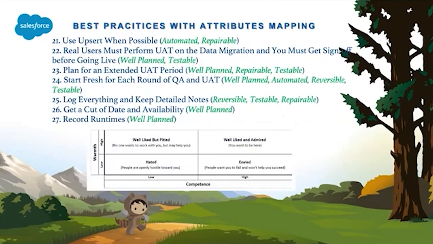Practice number 22, try with real-time users while performing the UAT of data migration. We came across a use case where we completed the data migration with the set of users whom the business identified, and only after production did we come to know there was a different set of power users involved, which brought in some production level complications after deployment.